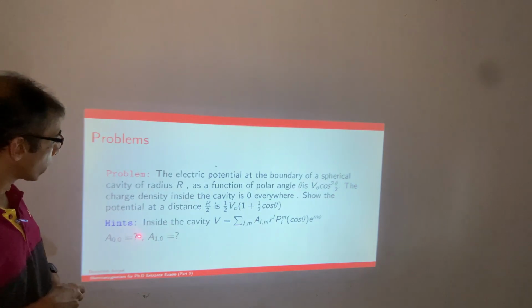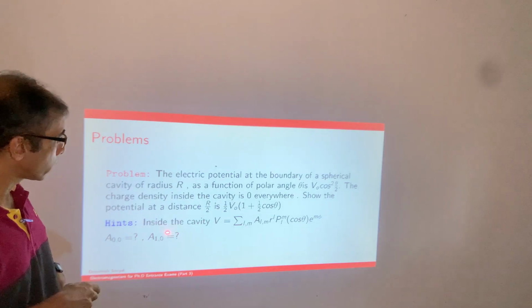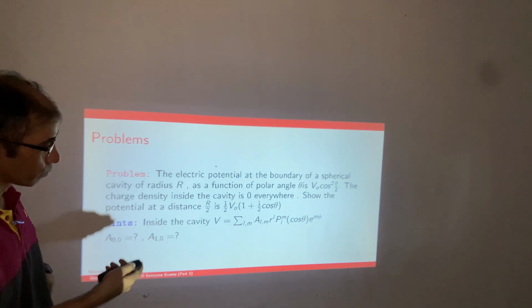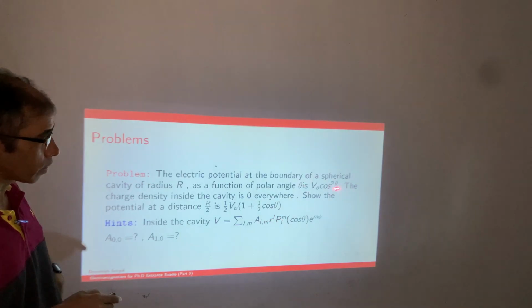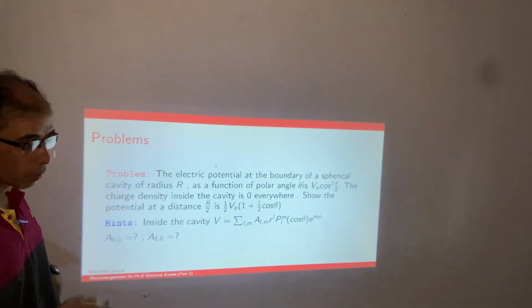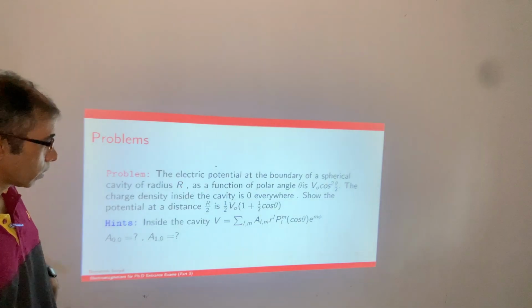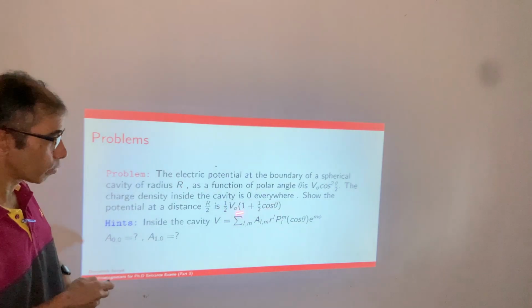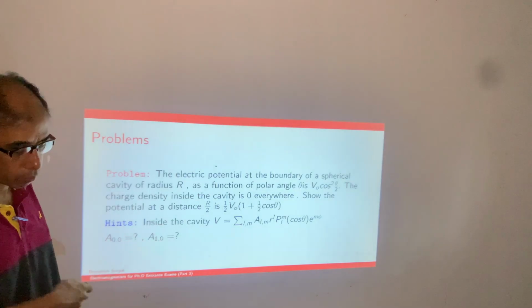So we get contribution only from these two terms. You have to find these two terms so that at r equal to r this is satisfied. Once you get them, it's trivial. You can find out the potential at r by 2, and you will get this is the potential. This is also easy to find.